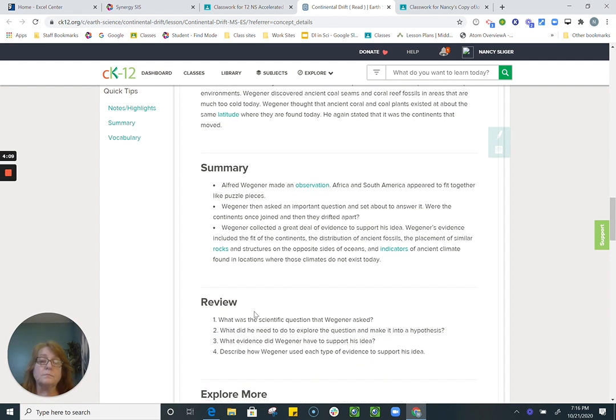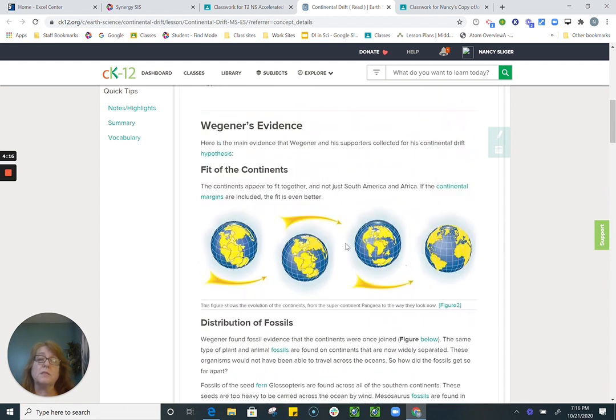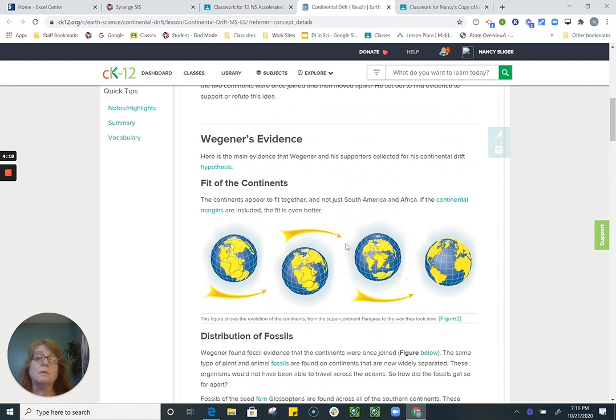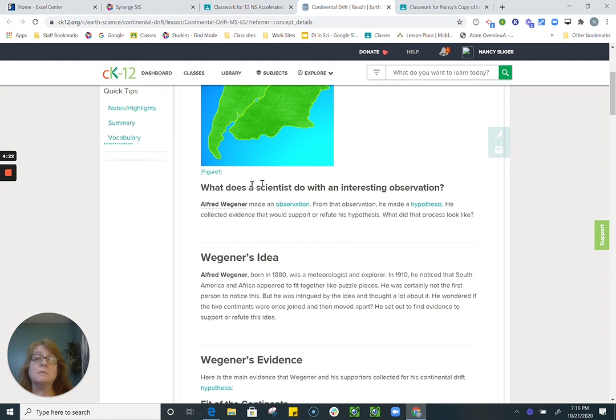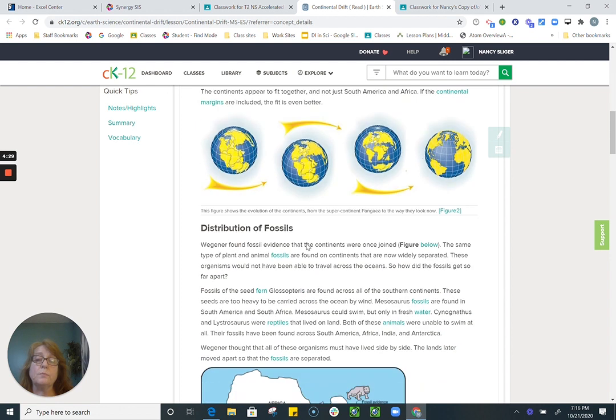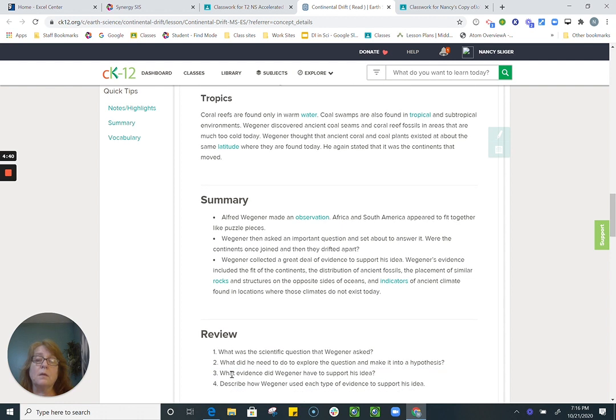So what was the scientific question that Wegener asked? His scientific question probably could have been: did all the continents at one point in time form a supercontinent? And then he went about how to describe how they possibly could have separated.